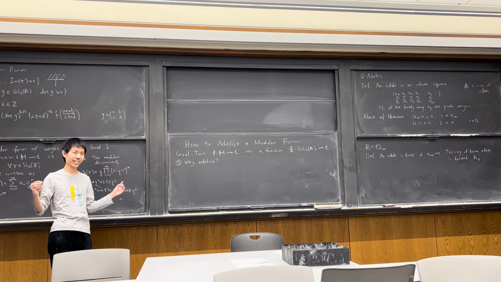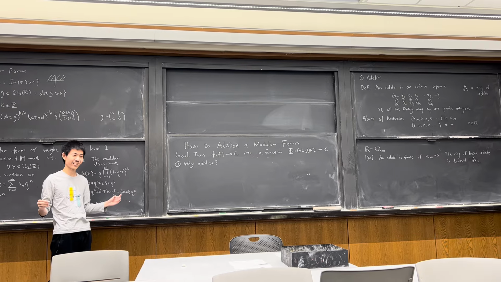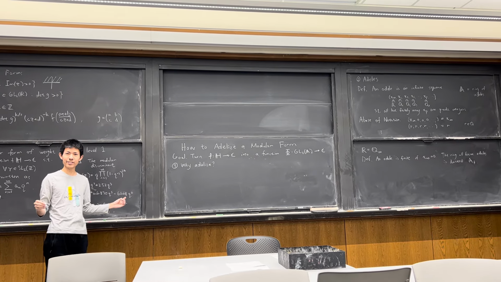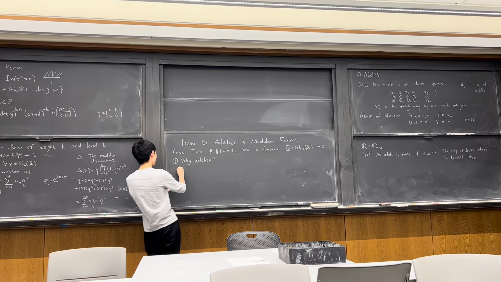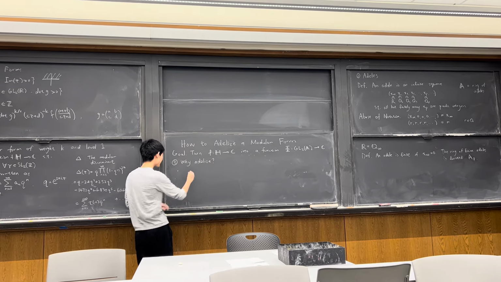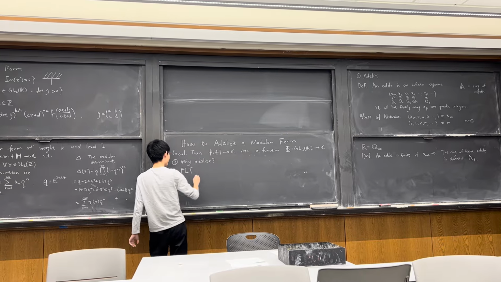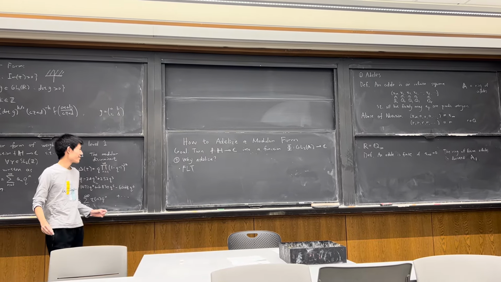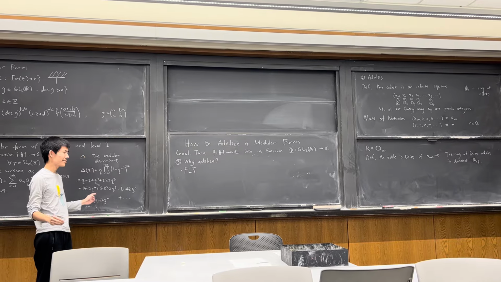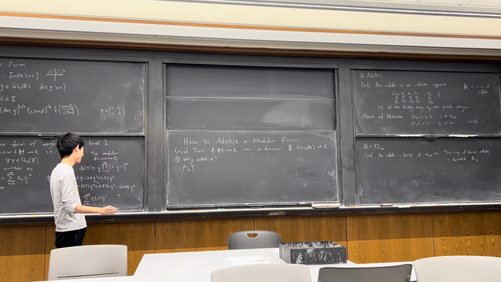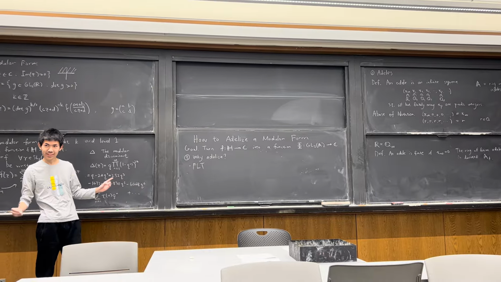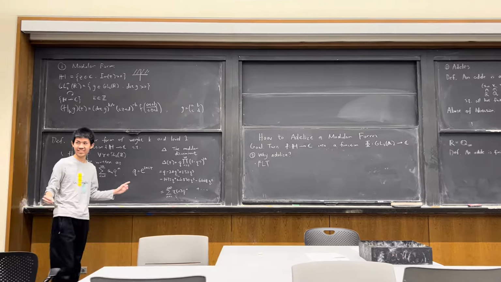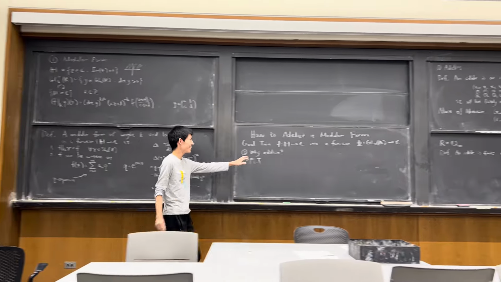And there's a lot of classical motivation that you can talk about, but I'm going to take a more modern approach. So as you might know, Fermat's last theorem was proven using modular forms. And to do this, Wiles needed to find a connection between modular forms and something called elliptic curves. And it turns out that if you want to prove this connection, you need to do this adelization.